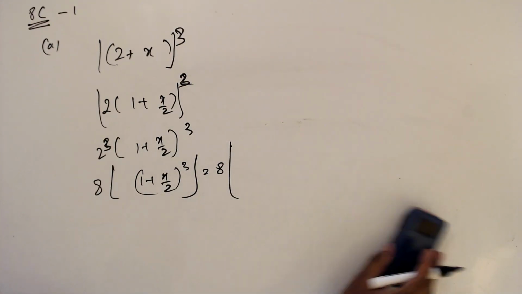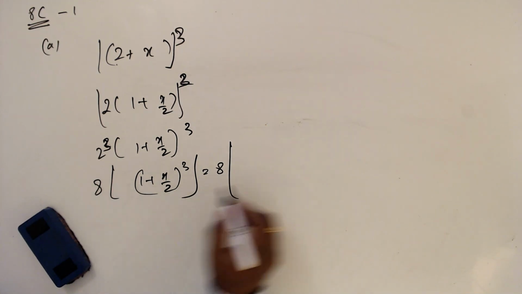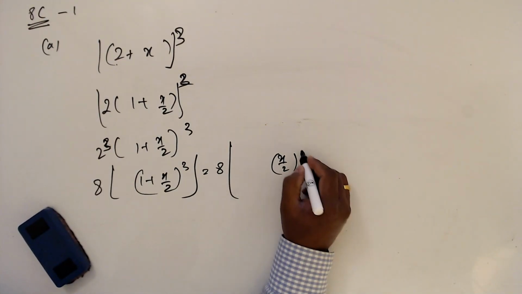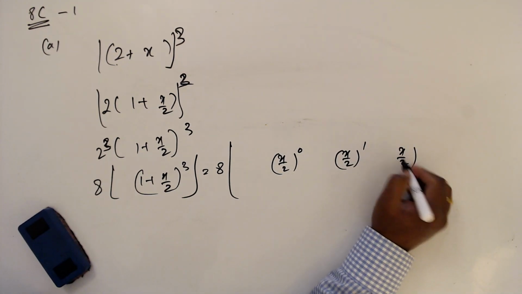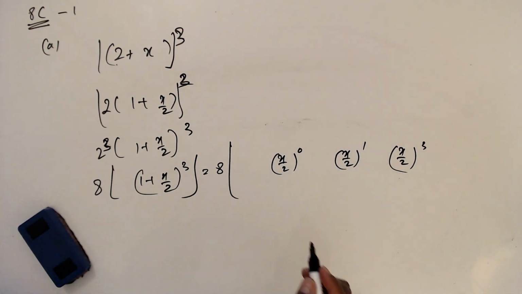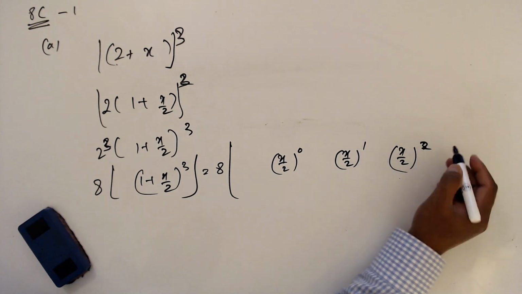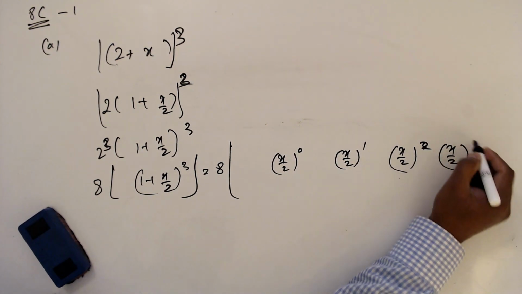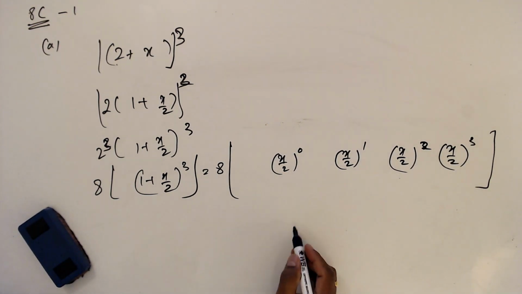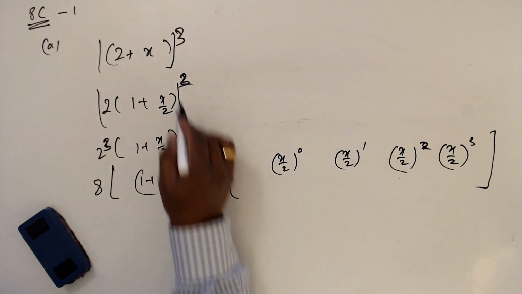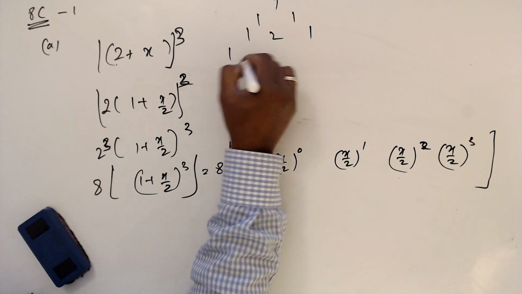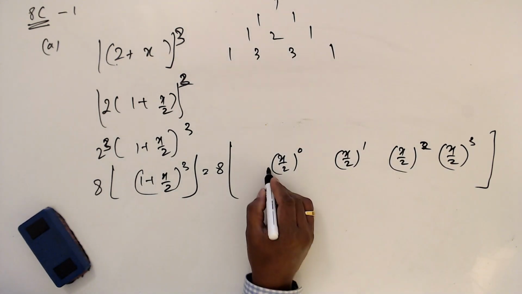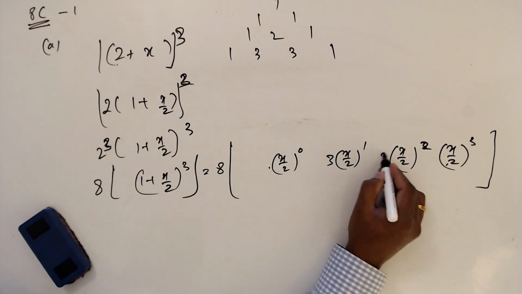8 will keep. What is the expansion of this one? x over 2 to the 0, x over 2 to the 1, x over 2 squared, and x over 2 cubed. So this is the expansion of power 3: 1, 1, 1, 1, 2, 1, 1, 3, 3, 1. So this is 1, 3, 3, 1.